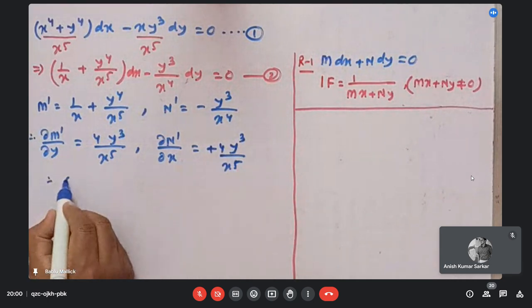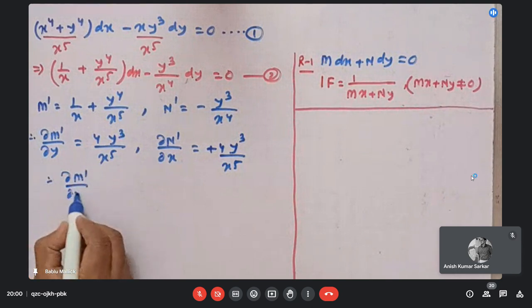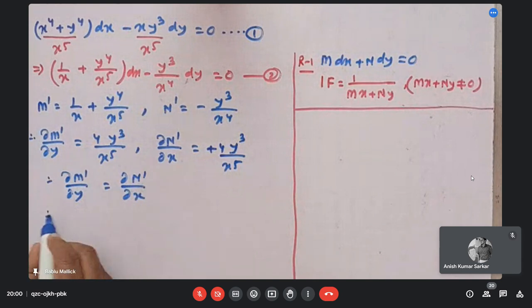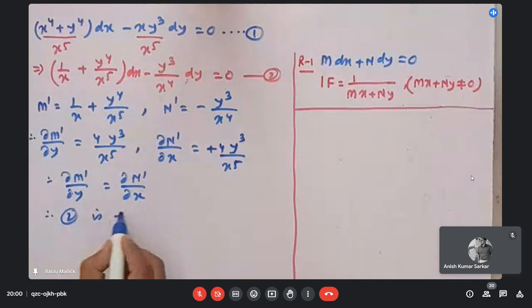So del M dash by del y is equal to del N dash by del x. Therefore equation 2 is exact.